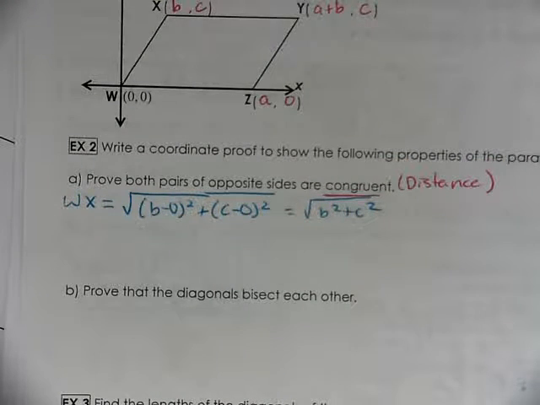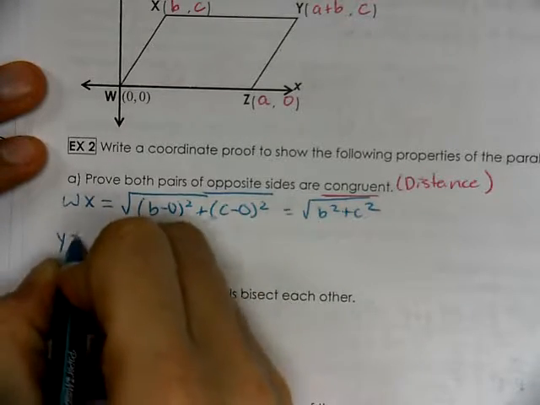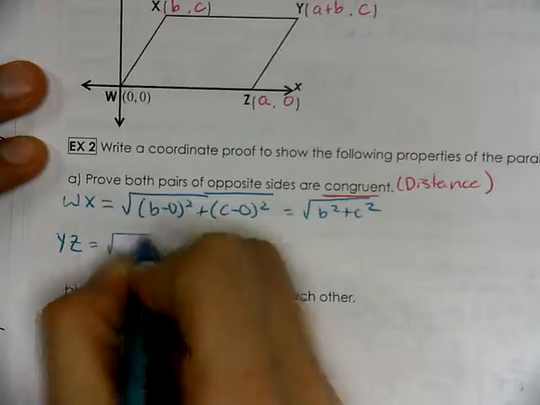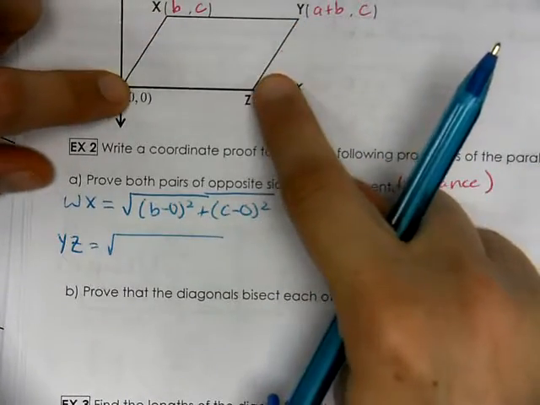Now you want opposite sides congruent. So now I have to check YZ. WX and YZ are opposite sides.